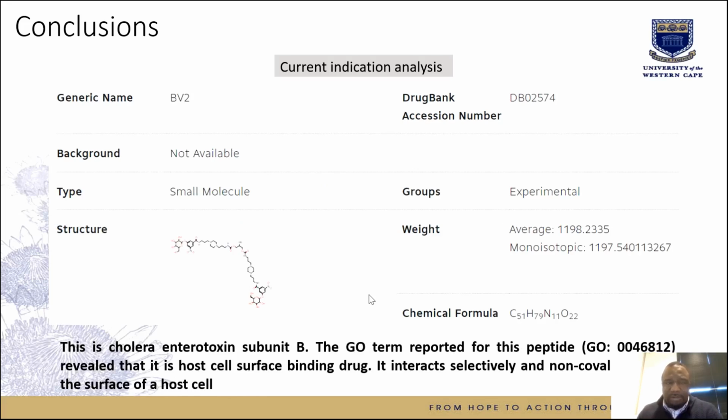The BV2 is a cholera enterotoxin subunit B, and when we looked at the gene ontology term, we found that this particular peptide binds to cell surfaces, and it interacts selectively, non-covalently with the surface of most cells within the human body, and that opens a new door in terms of looking at a peptide inhibitor that can prevent fusion between the human cell and a possible virus from getting into that particular human cell.